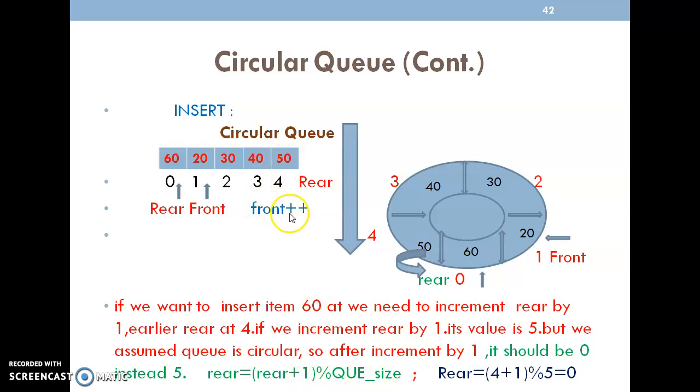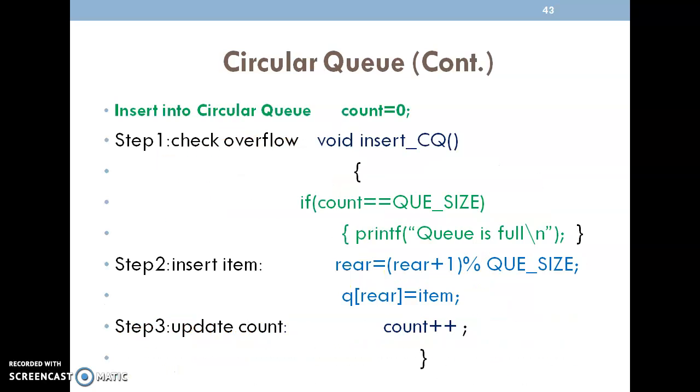Earlier if I increased the front, 4 plus 1 became 5, but now with the new equation, after increasing, the value 4 will move to the 0th location. So this empty space, where earlier 10 was deleted, is empty, and here we can insert the new element 60. This is how we can overcome the problem of the ordinary queue.